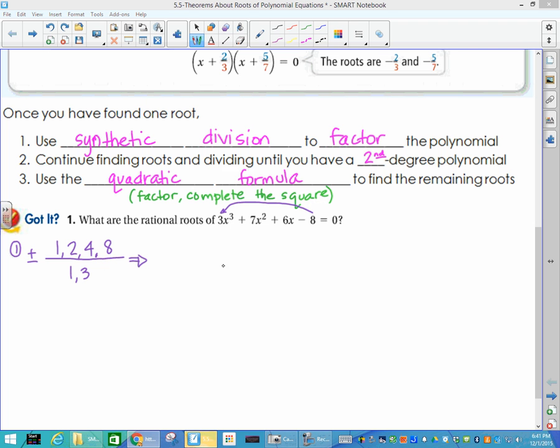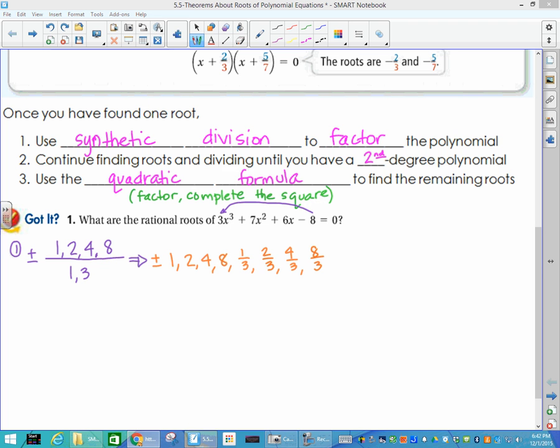So when you put them over 1, I'm going to have, of course, 1, 2, 4, and 8. But when I put them over 3, then I'm going to have 1 over 3, 2 over 3, 4 over 3, and 8 over 3.